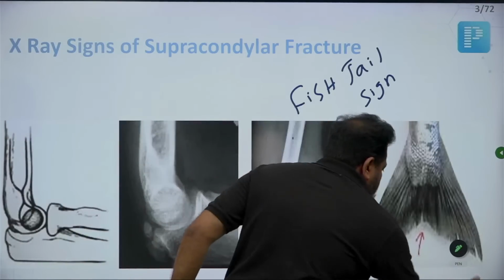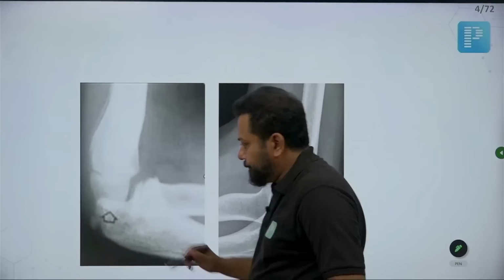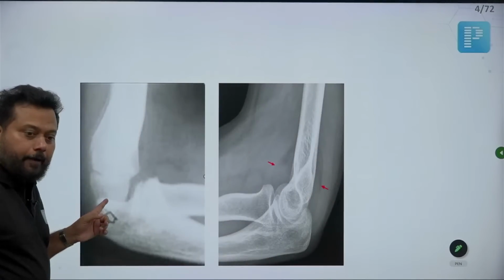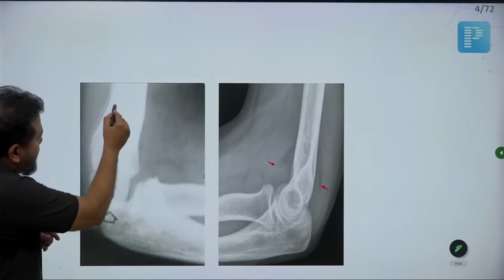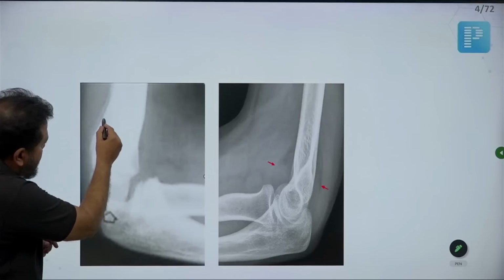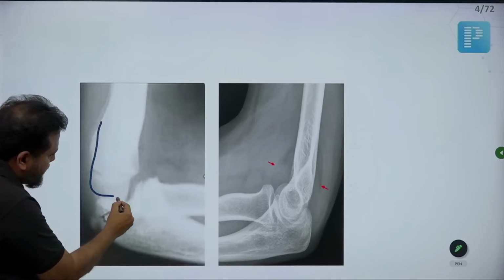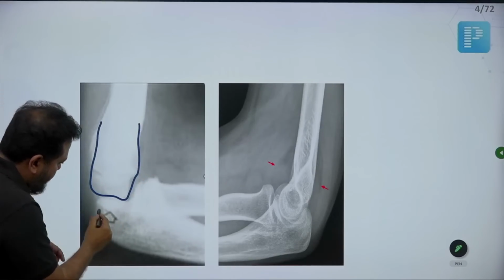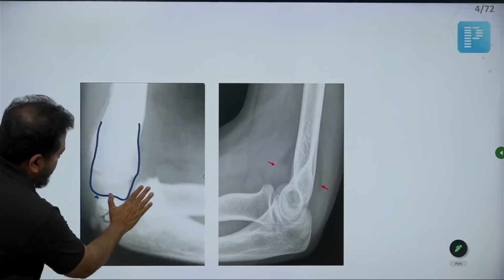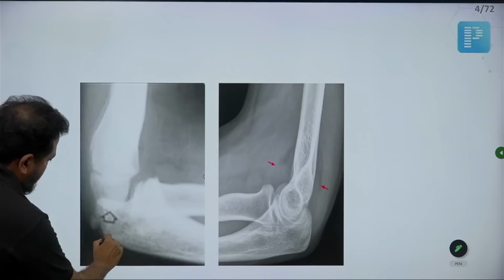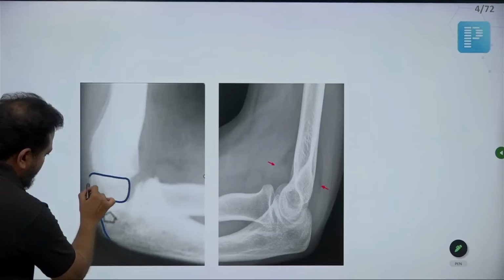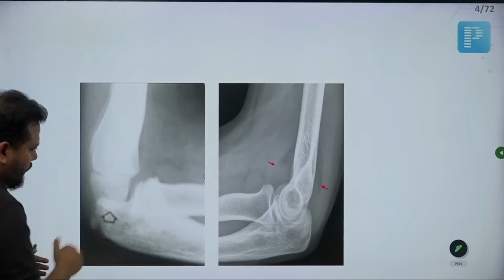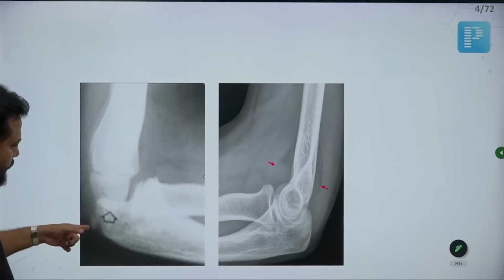Going to the third sign, you should see very carefully, dear friends. This whole thing is your humerus, right? And this is your olecranon. This area is the capitulum of the humerus.